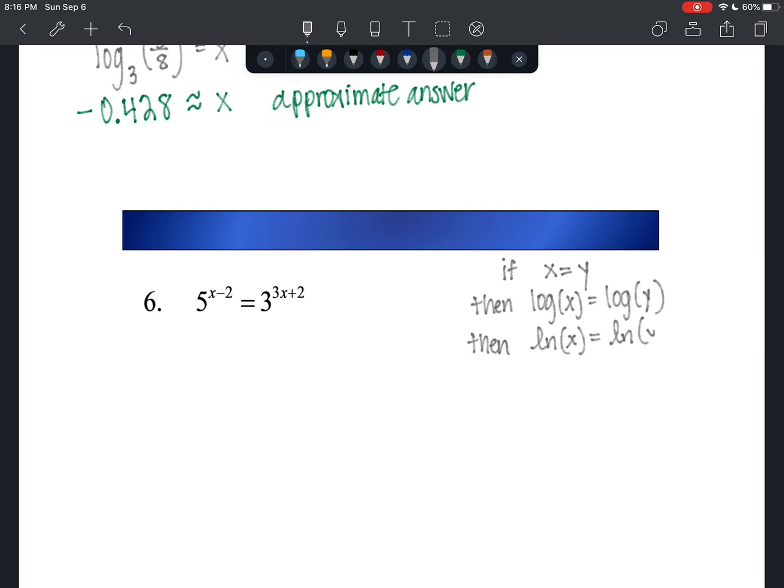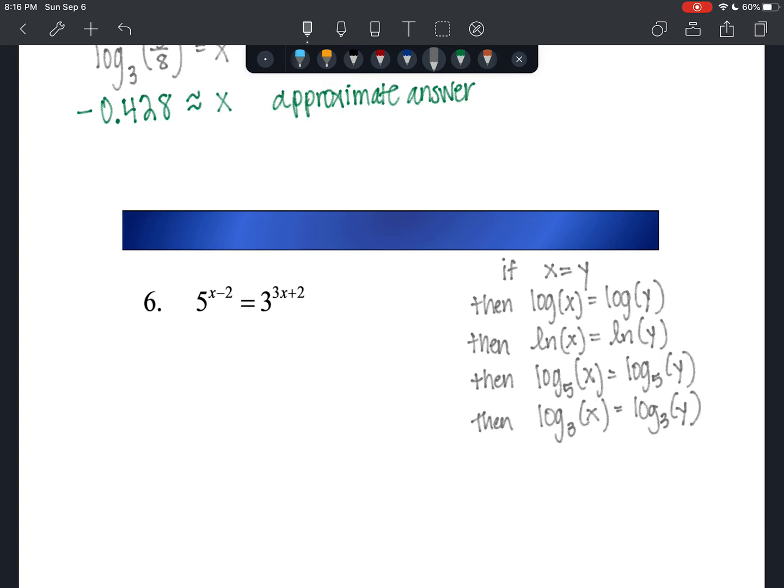The natural log of x equals the natural log of y, as long as we have the same base. Or we could say log base 5 of x equals log base 5 of y. Doesn't matter what the base is. It could be base 10, it could be base e, it could be base 5, it could be base 3. It could be whatever base we want it to be.